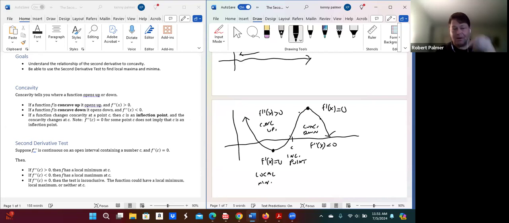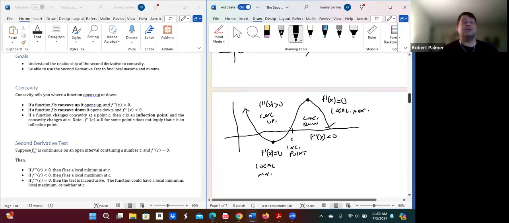And here you have a place where the function is concave down and the first derivative is 0. That's going to be a local maximum. And that's what we're going to use in what's called the second derivative test. That's going to help us there.